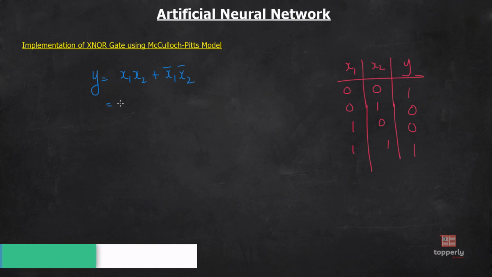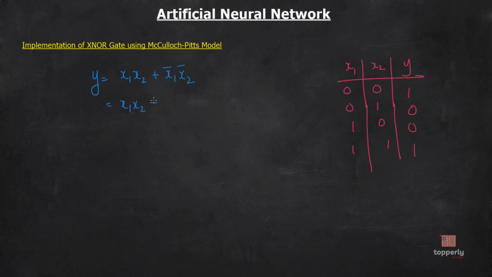Now, using De Morgan's law, you can again write this as x1 x2 plus x1 plus x2 the whole bar. So, we can see an AND gate over here. This is AND. We can see a NOR gate over here, and this is an OR gate, right?